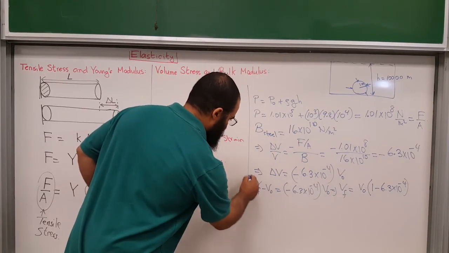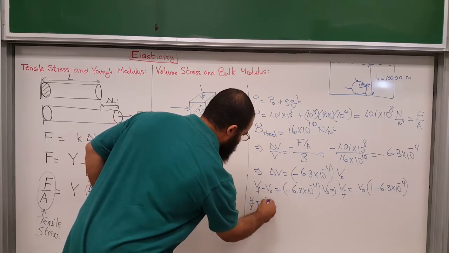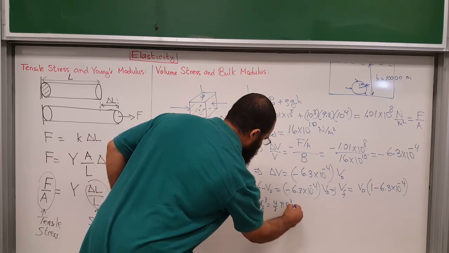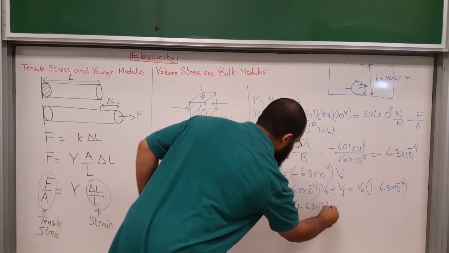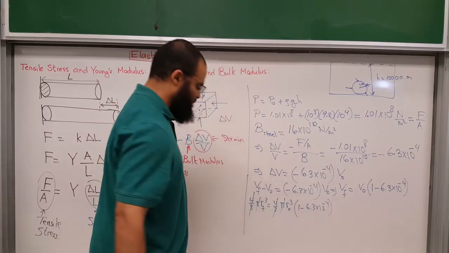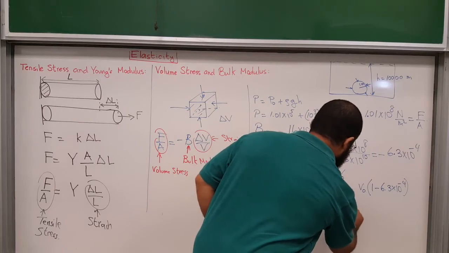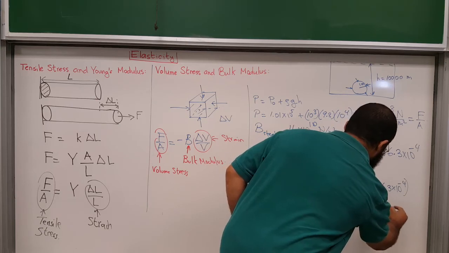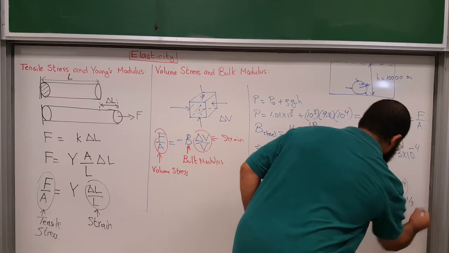So 4/3 pi r final cubed will equal 4/3 pi r initial cubed times 1 minus 6.3 times 10 to the minus 4. The 4/3 and the pi both cancel, and so we need to take the cube root of both sides. So the final radius will be r initial times 1 minus 6.3 times 10 to the minus 4, to the 1/3 power.